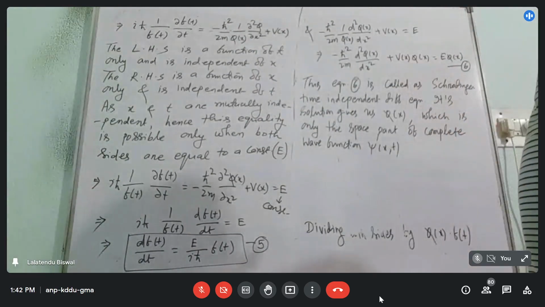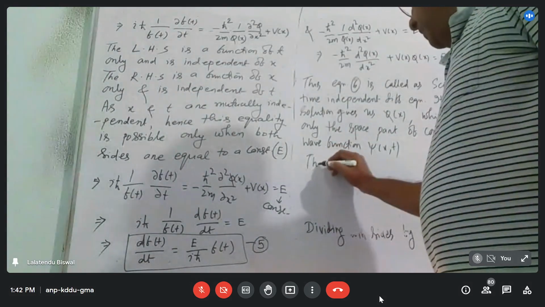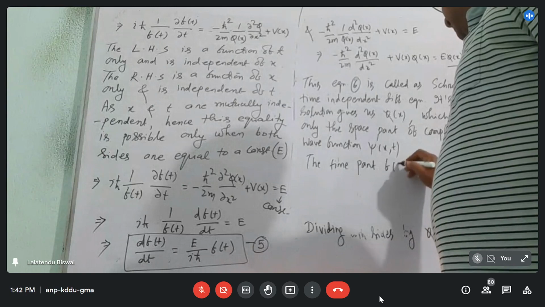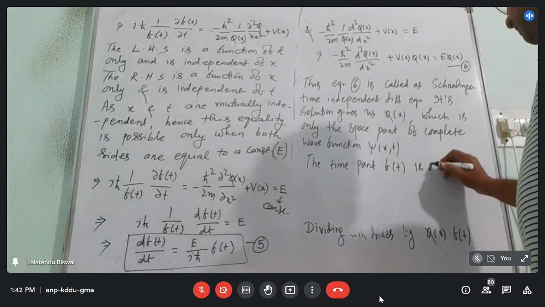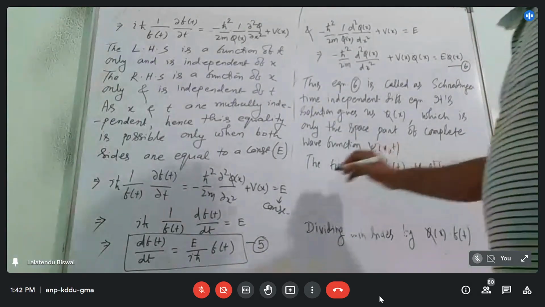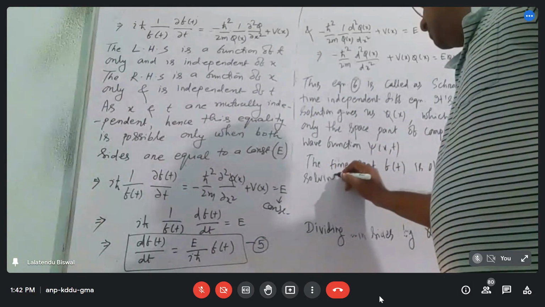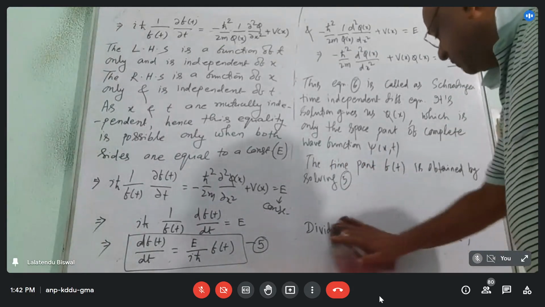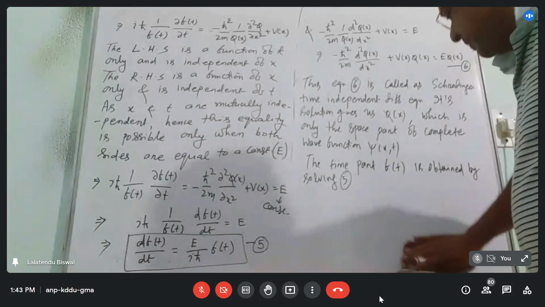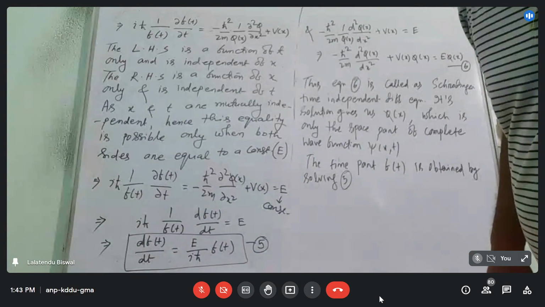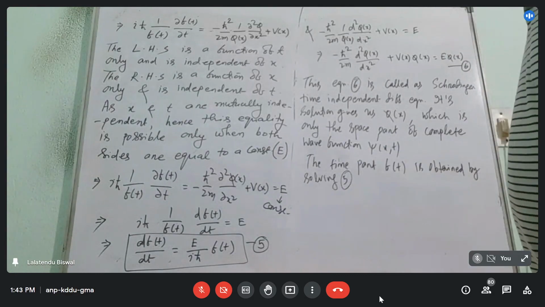So if you solve this, you will get only phi x, and Ft, the time part, is obtained by solving equation 5. So now you are having two differential equations, one to get the time part, another to get the space part. Multiply them and then you will get the complete wave function.